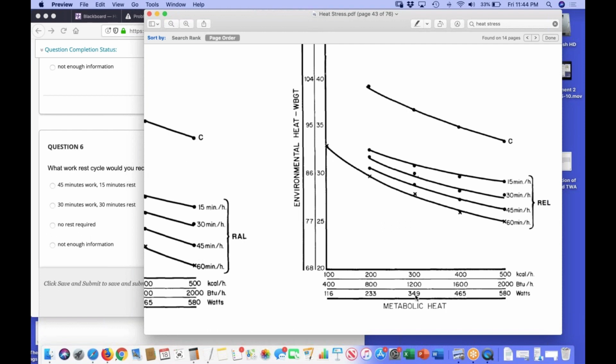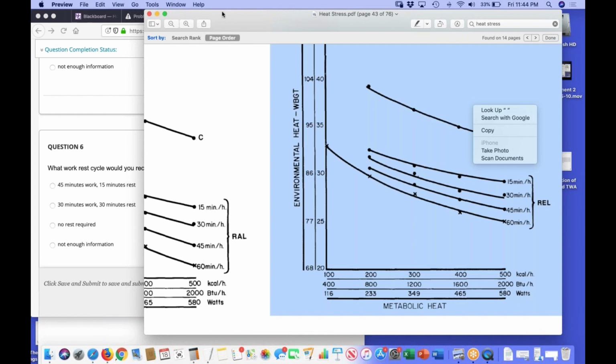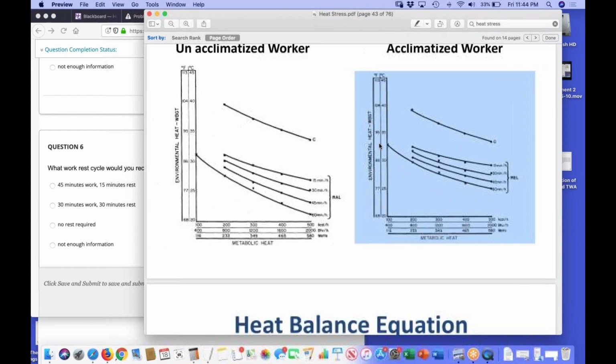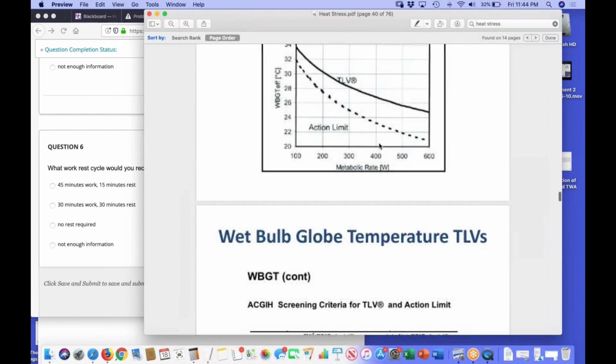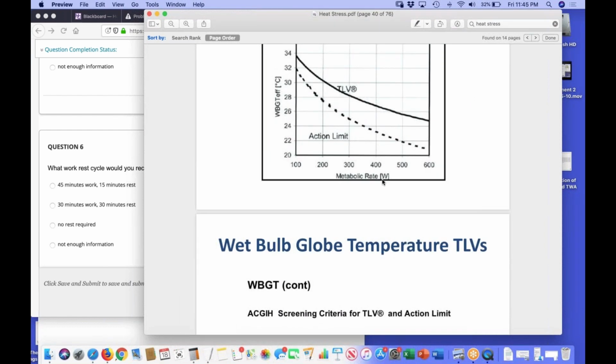And if I assume that the metabolic rate that was on that previous chart, which I'm thinking wasn't, the units were not there. Let me see if I can get back to it. I need a pointer. Let me get back to that and see if the units were present. Metabolic rate in watts.